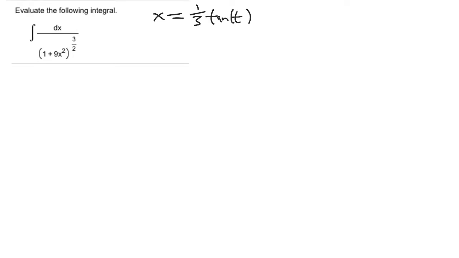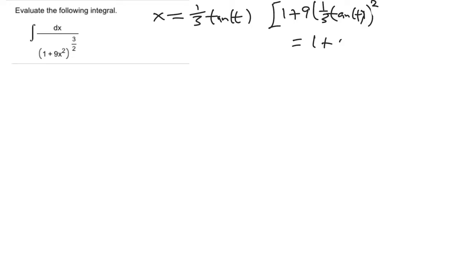If we do that, then I can see over here that when I square 1/3 tangent of t, then the 1/3 will get squared, become 1/9, and cancel out with the 9 that's in front of the x.